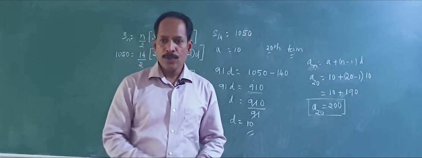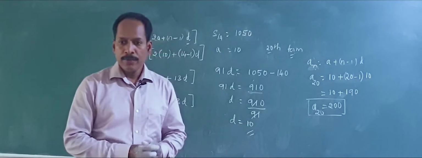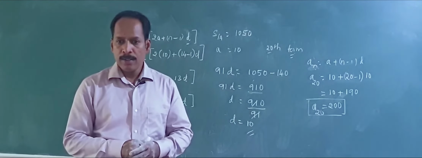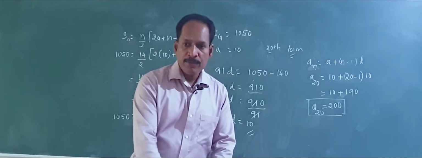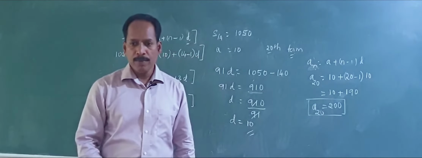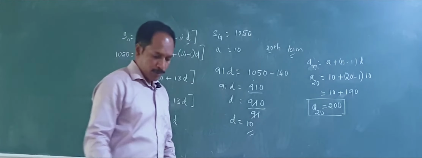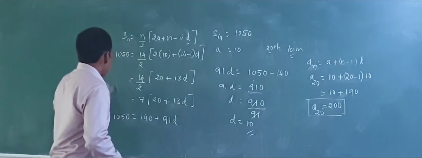How many terms of the AP 24, 21, 18, etc., must be taken so that their sum is 78? So we have to find how many terms of the AP. Let me rub this one and then we'll take that question.